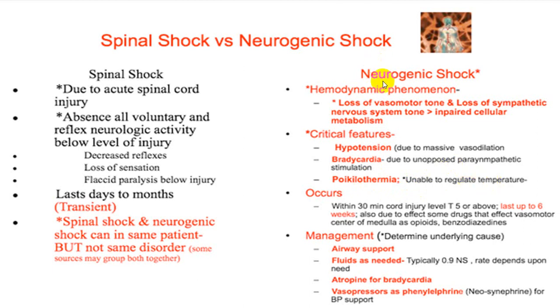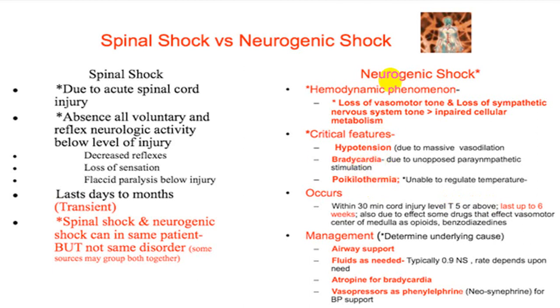This is very peculiar, and it will happen within 30 minutes of cord injury. If you have damage at T5 or above, you will have neurogenic shock findings, which are very common.